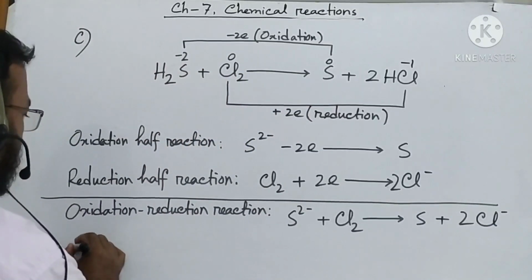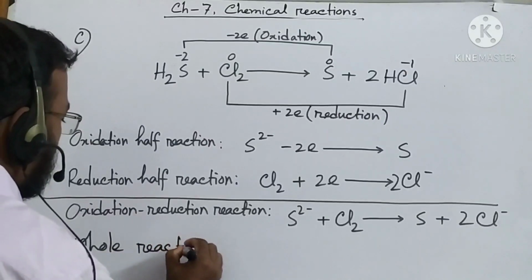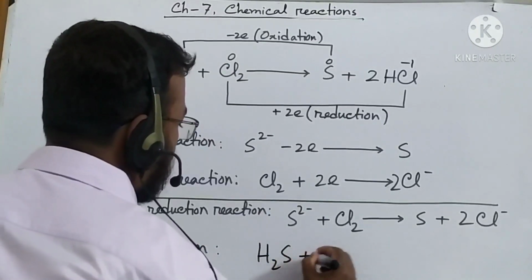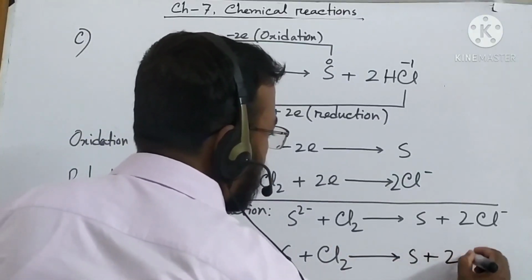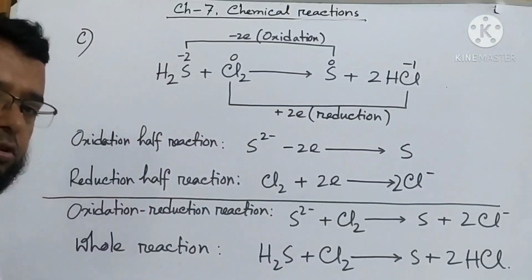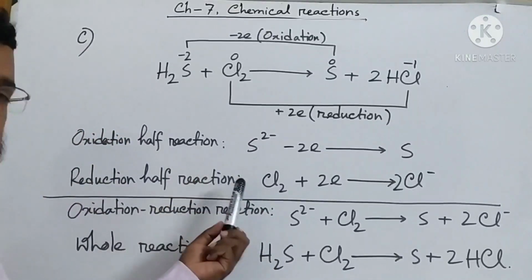Okay, now whole reaction. Whole reaction will be hydrogen sulfide plus chlorine, it produces sulfur plus 2HCl. So we see that in the reaction oxidation and reduction occur together.